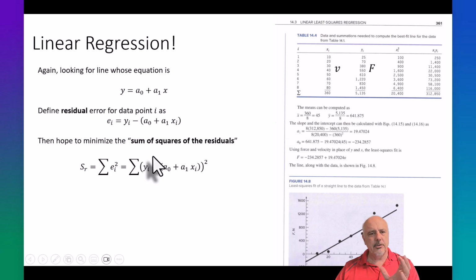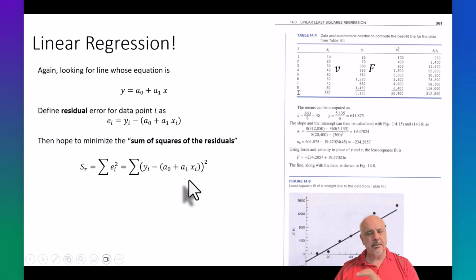So then what we're going to do is we're going to try to minimize the sum of squares of the residuals. So that is going to give us an S sub r, capital S sub r. And we're going to try to minimize the sum of squares of residuals.